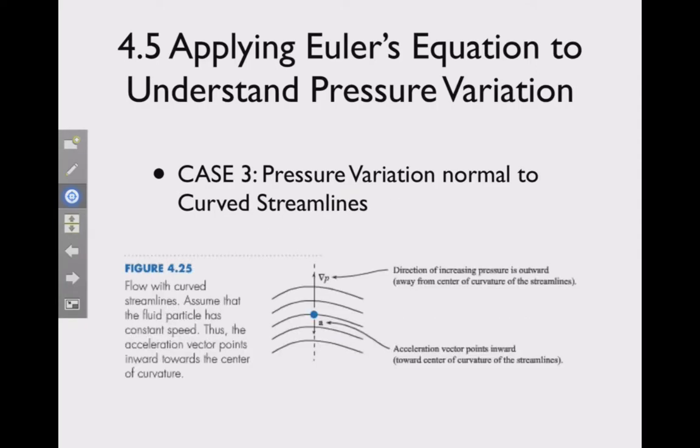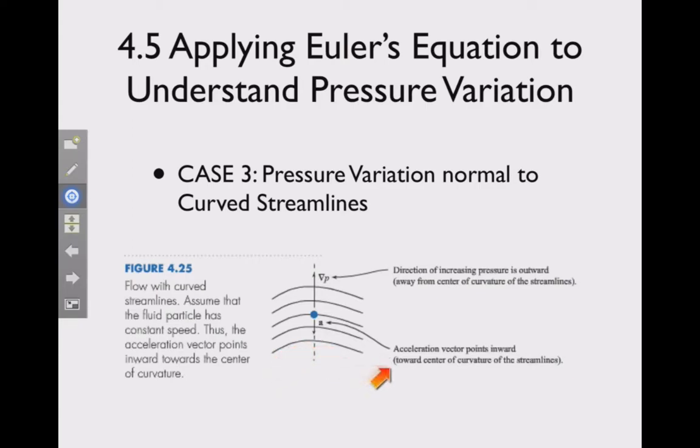Now finally, we might have a case where we have curved streamlines. Here we can see we have flow that's curving around something. We might have a sphere or a cylinder down here, with the flow coming in and going around this object. Even if the speed does not change along these streamlines, although it probably is, because we have a curved streamline, we know we're going to have acceleration inward towards the radius of curvature.